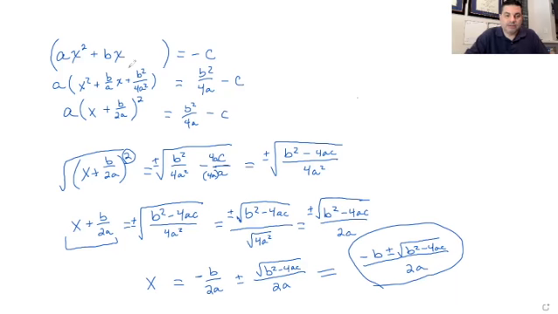So all I did, I solved for x by completing the square, but instead of knowing all the values, I just kept in mind how to complete the square. You take half of your middle term, your b term, what becomes your b term when you factor out the a.